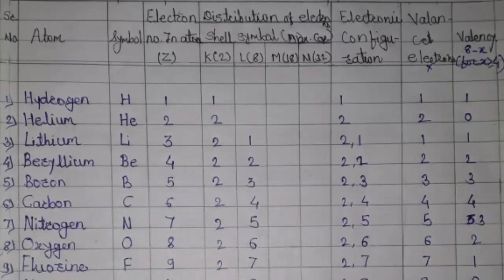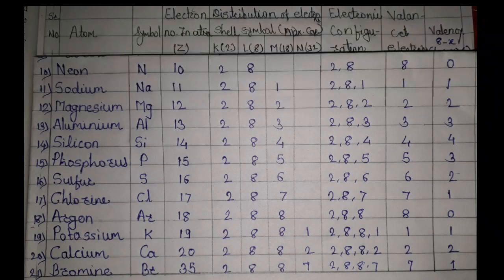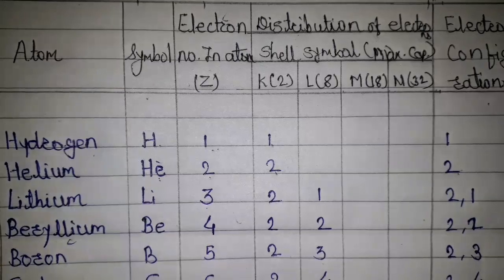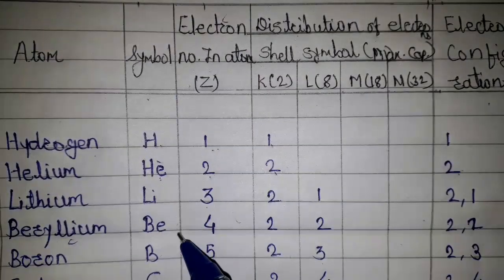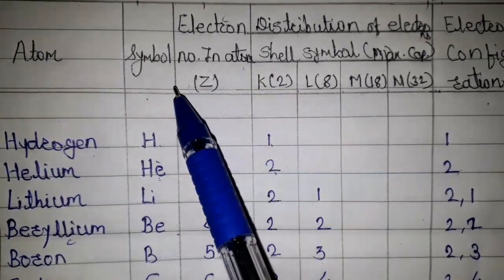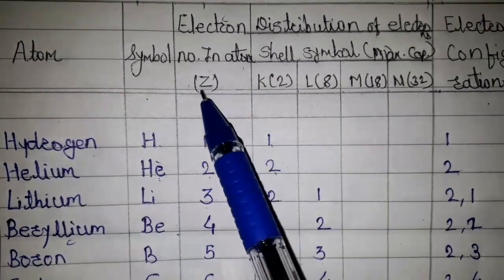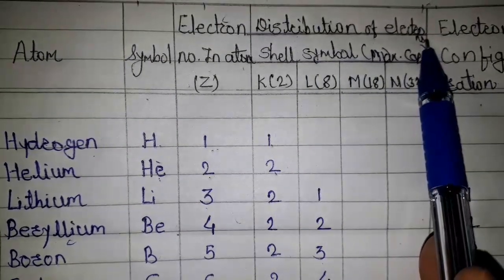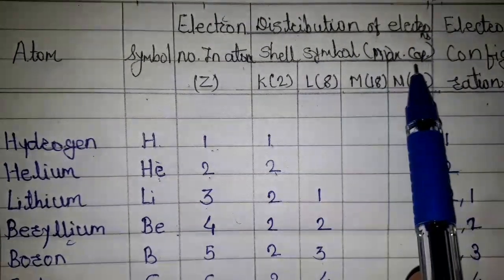Now we are going to see the first 20 elements with their symbols, atomic numbers and electronic configuration. Okay, see the table. Here the atoms are given, then their symbols are also given. And the number of electrons in an atom is also called the atomic number, represented by Z. Then the distribution of electrons, which is actually shell-wise distribution.